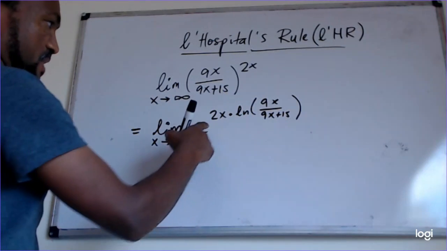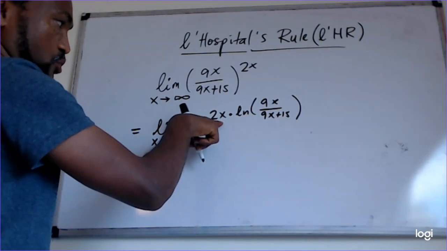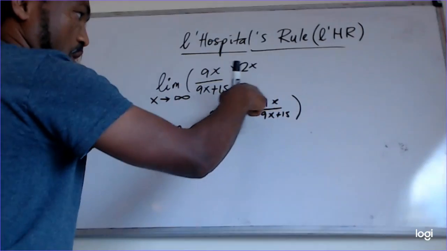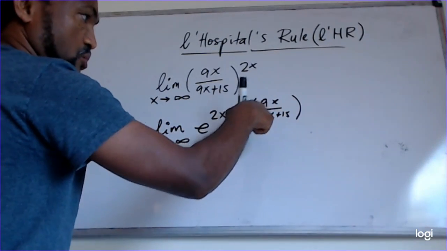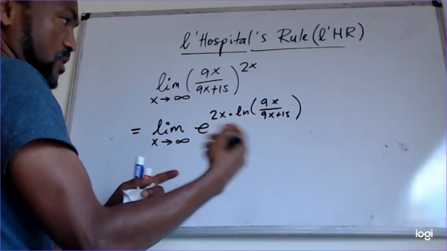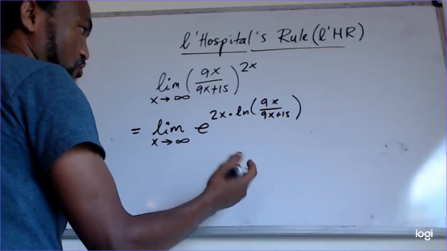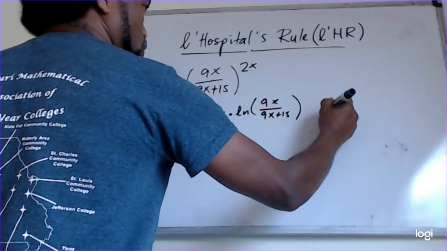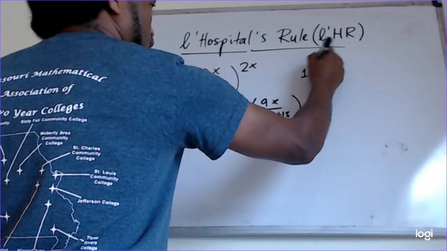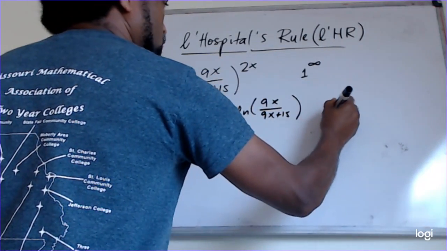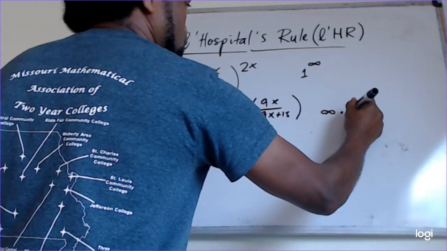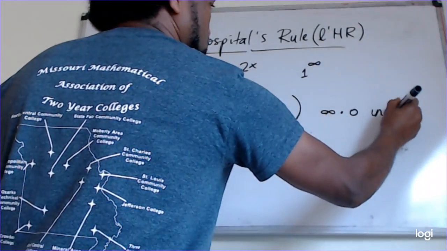Well, notice that this 2 times x as x approaches infinity is infinity. Natural log of 1 is 0. In fact, the logarithm of 1 in any base is 0. So this is changed from 1 to the power of infinity into infinity times 0, an indeterminate case.